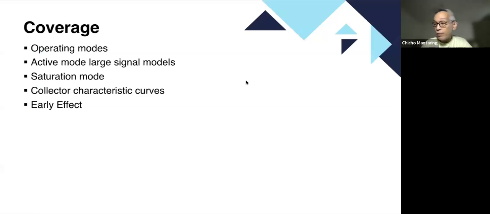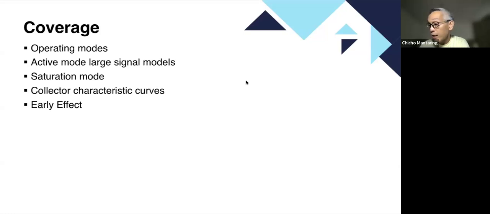Again, what we're going to review today would be our BJT models. This is what we're going to cover today. We'll discuss operating modes. We'll discuss active mode, large signal models. We're going to discuss saturation mode. And then we're going to go into collector characteristic curves. And then finally, we will discuss what we call the early effect.